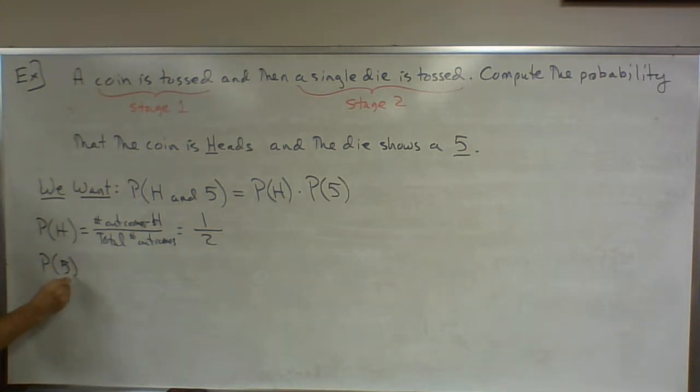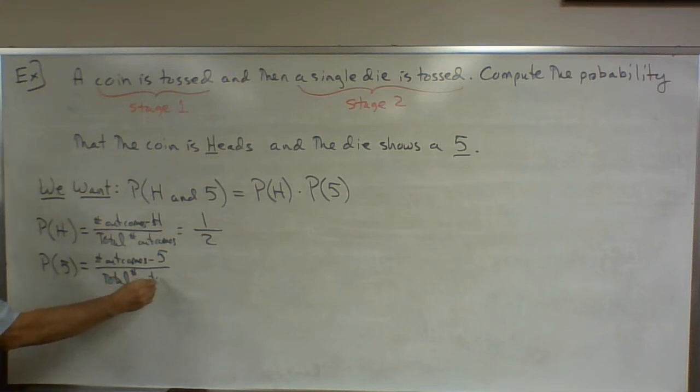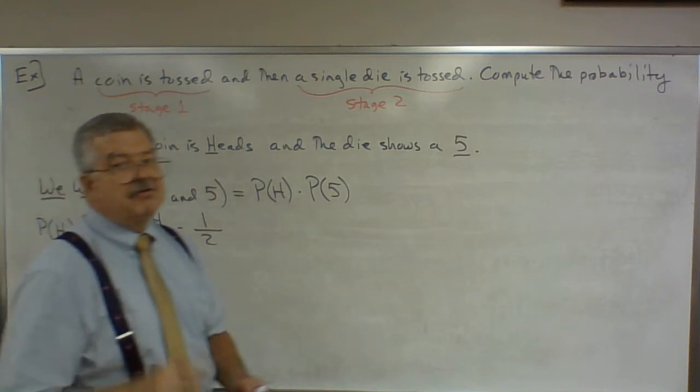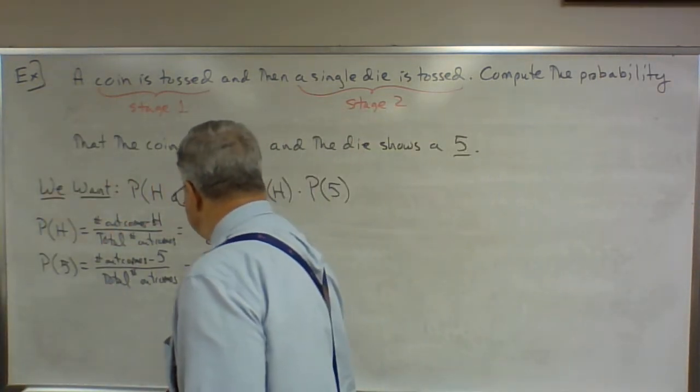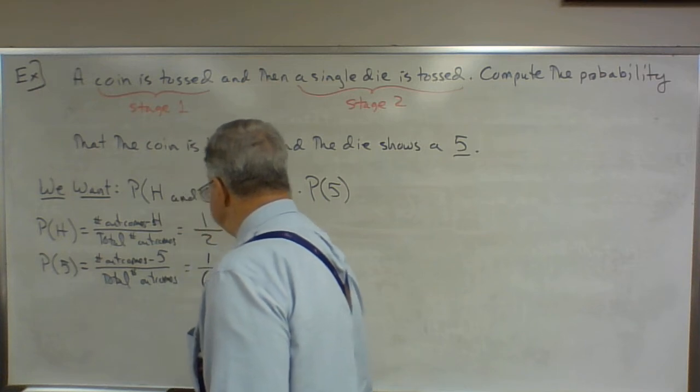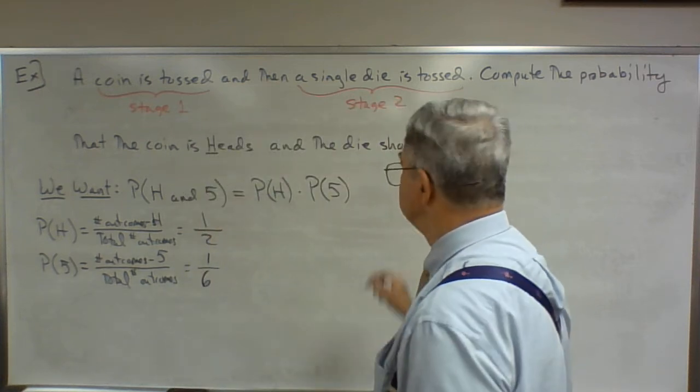Probability of getting a 5, number of outcomes yielding a 5 over total number of outcomes. With a single die, there's only one way that we can get a 5, but there are 6 possible outcomes.